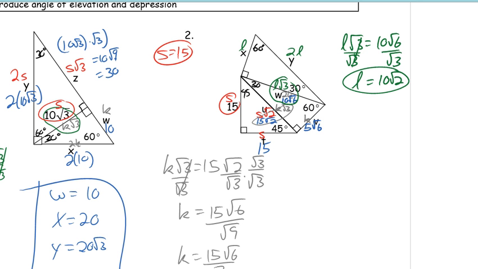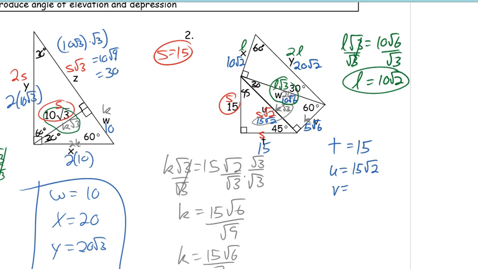Plug it in. This side is 10 radical 2. This side is 2 of them, so we need 20 radical 2. So, let's go back. And what letter do we start with? T? Start with the T. So T is just 15. U is 15 radical 2. That's why I color code everything so I can find it.